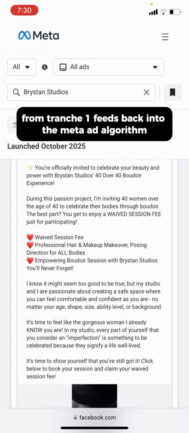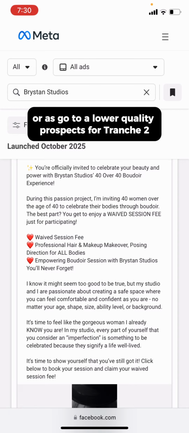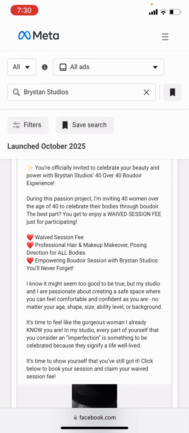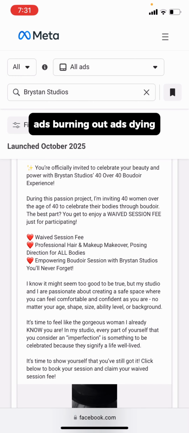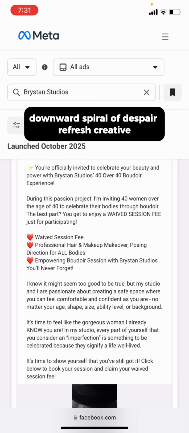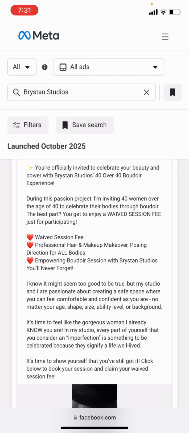Feeds back into the meta ad algorithm. Our ads go to lower quality prospects for tranche 2, which results in same ad spend, worse results over time, ads burning out, ads dying, downward spiral of despair, refresh creative.